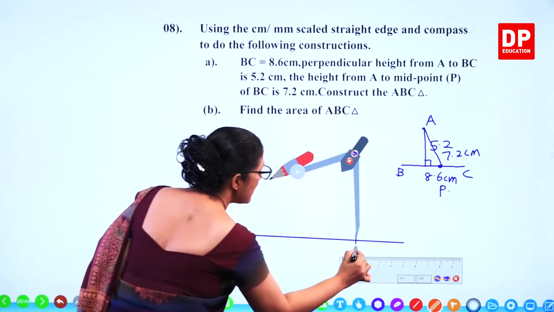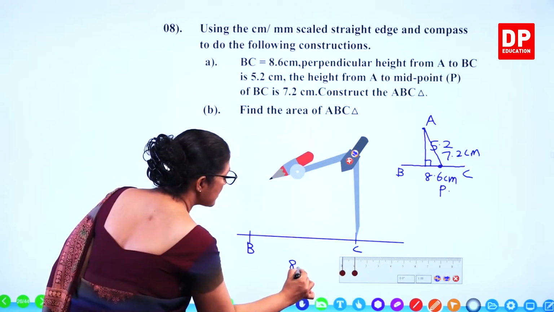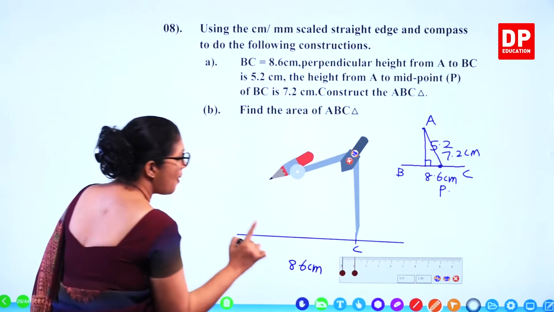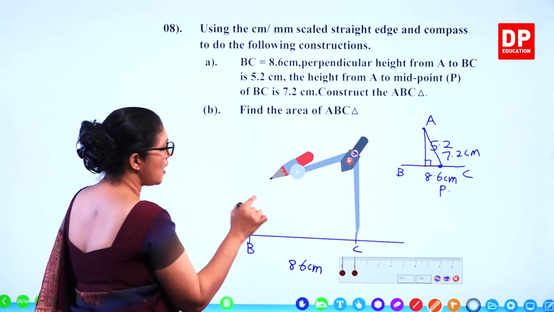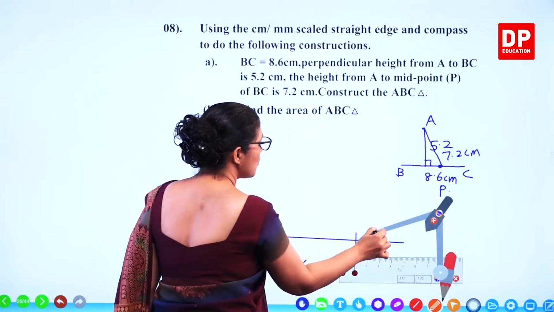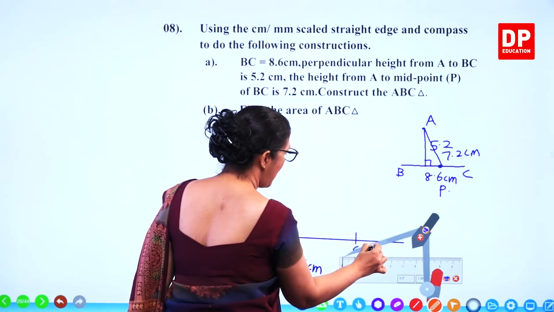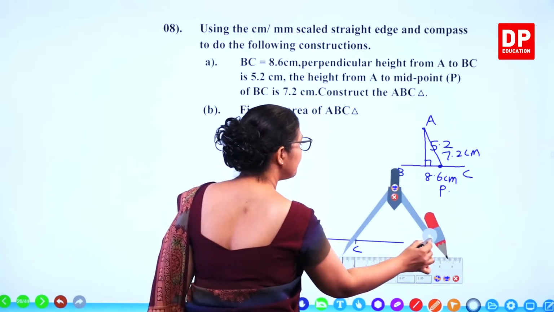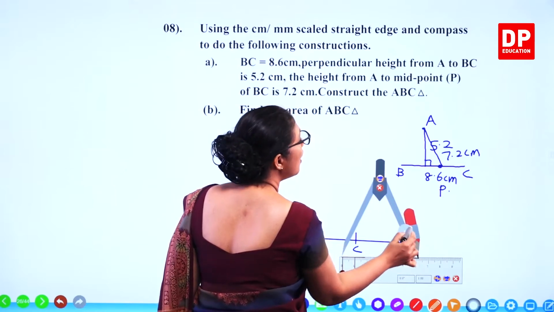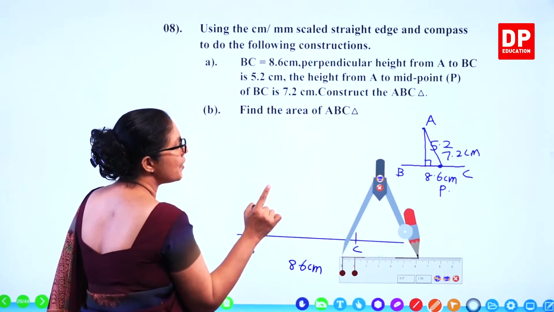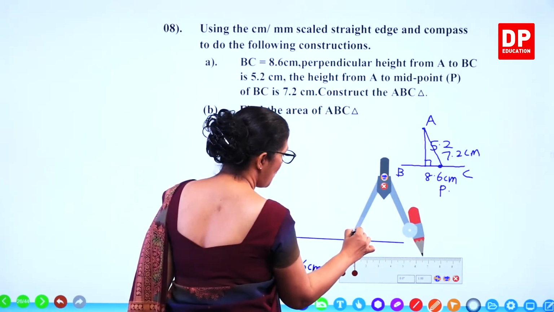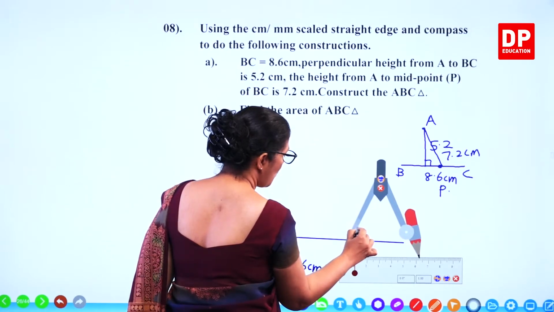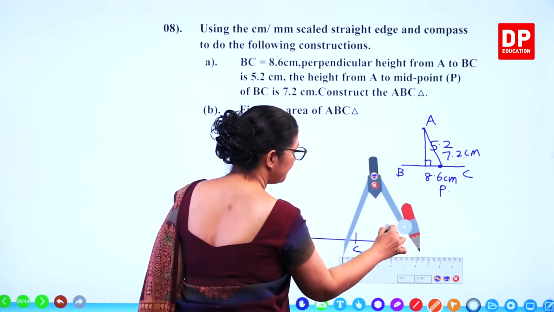B, C, 8.6. Midpoint is P. So shall we mark the midpoint? So midpoint means 8.6 divided by 2. What's the value? 4.3. So we need to mark P point as well, 4.3.